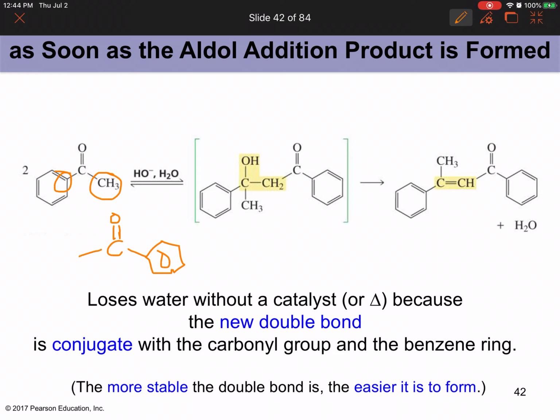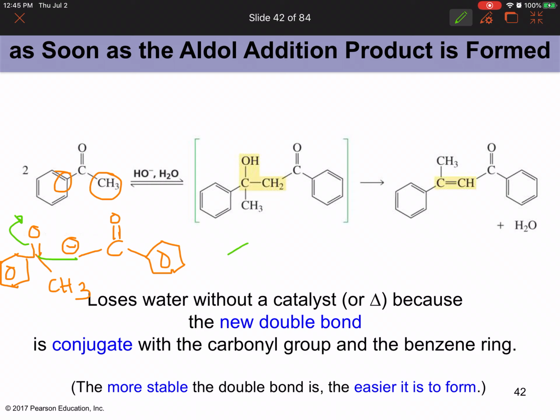This carbon right there, CH3, is going to form a carbanion, and from the other side you have the benzene ring, then the carbonyl group and the methyl group over here. So you're going to form a bond between here, and once the bond is formed, this is going to open up.